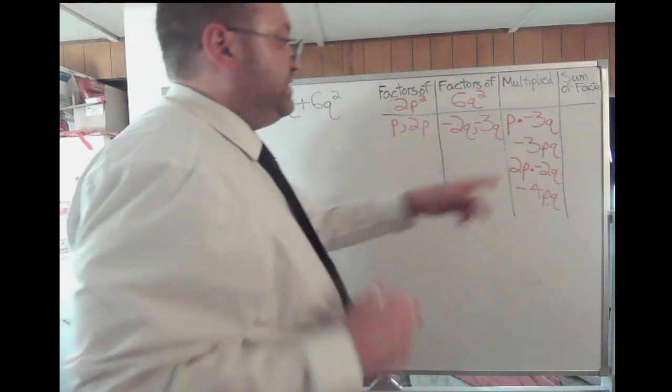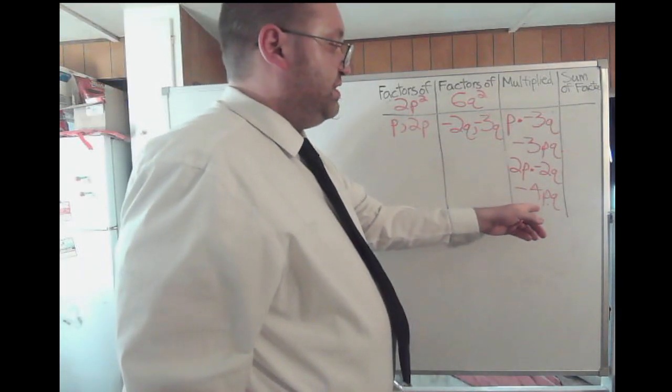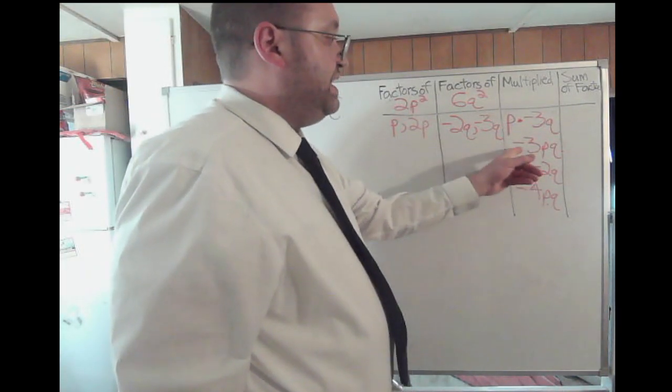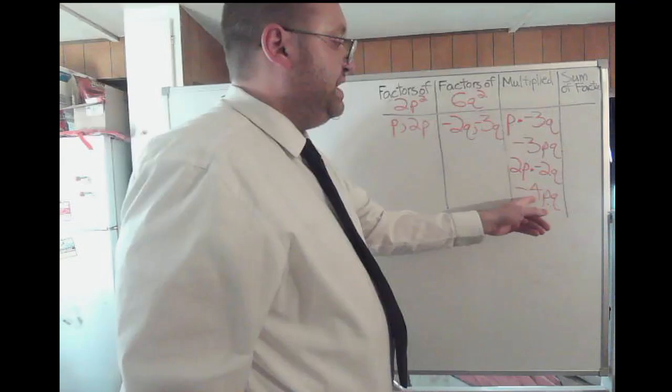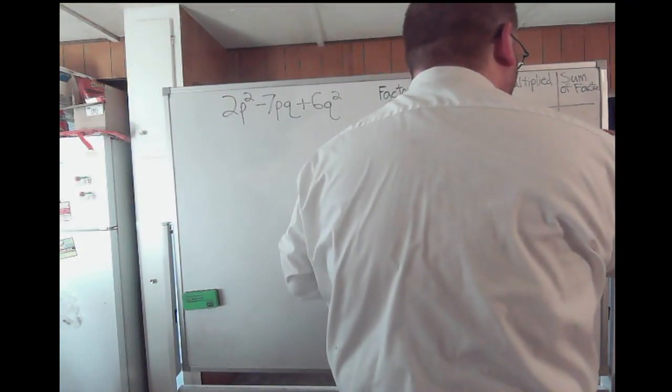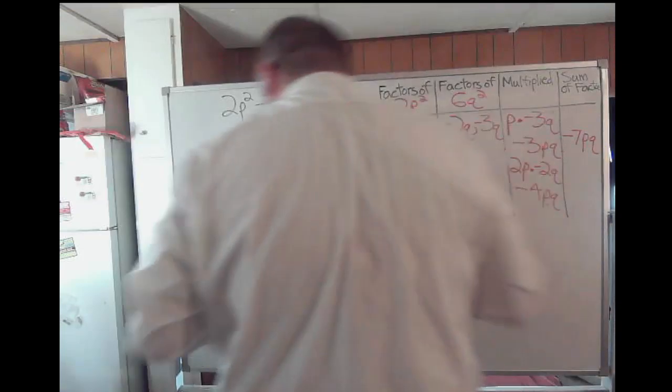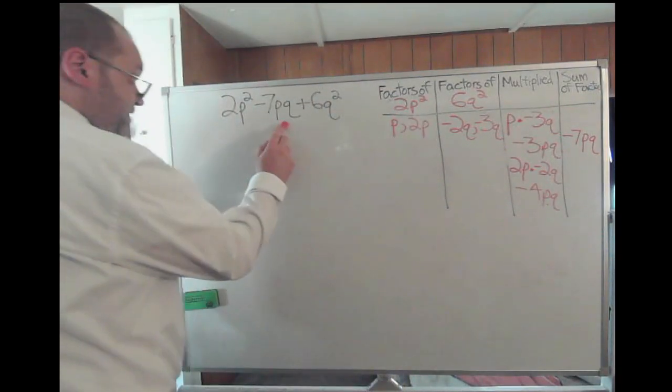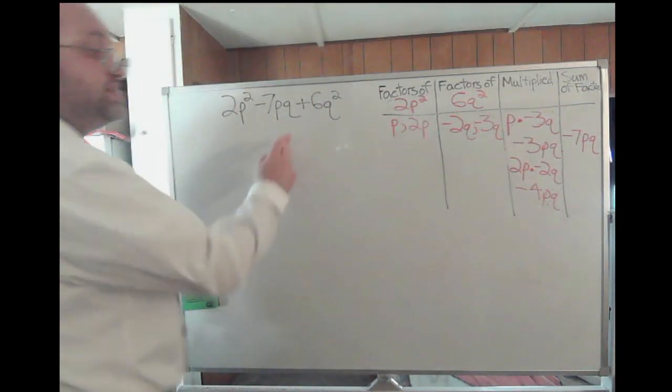Now I need to take these results of the multiplication of the factors and add them together. If I take negative 3pq plus negative 4pq, I get negative 7pq, which is exactly what I need for the middle term, negative 7pq.